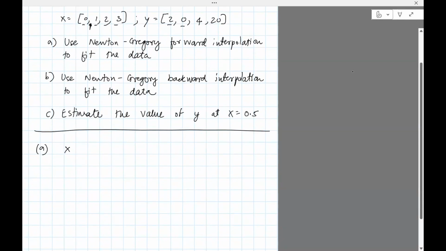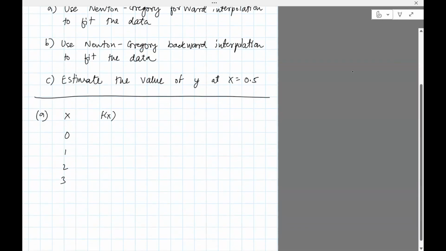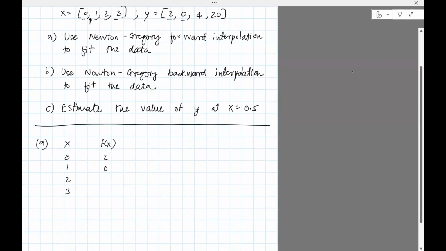x, f of x. So this is how you will do this. You will create a table. So x is 0, 1, 2, and 3. F of x, I just copy it down: 2, 0, 4, and 20. Now delta f is as simple as subtracting this from this.